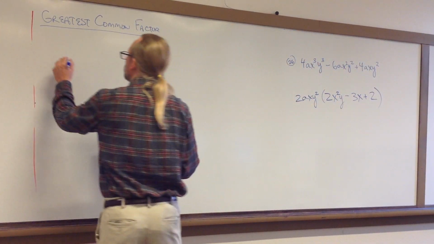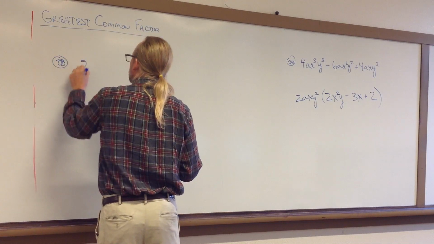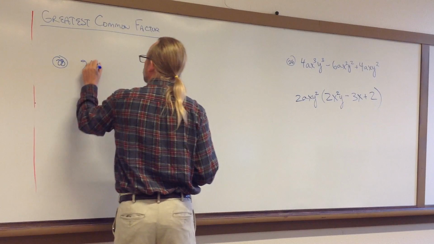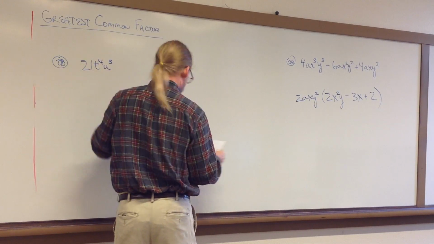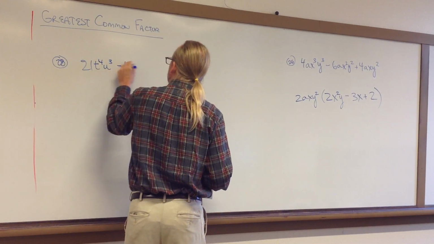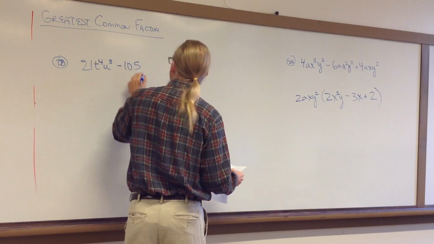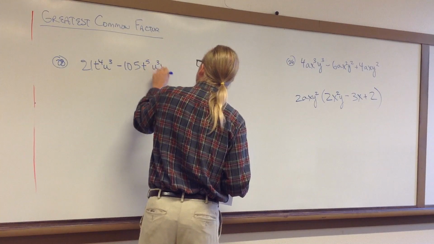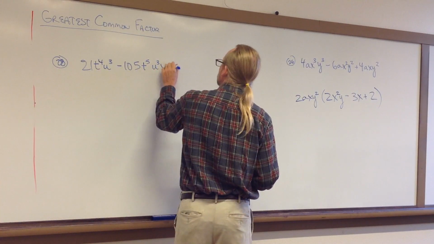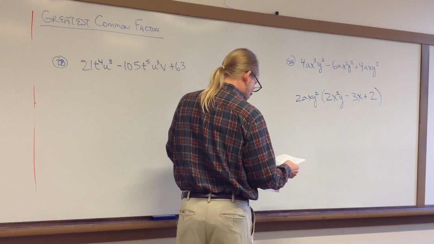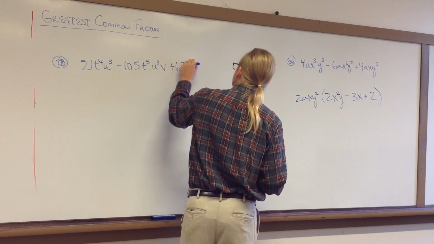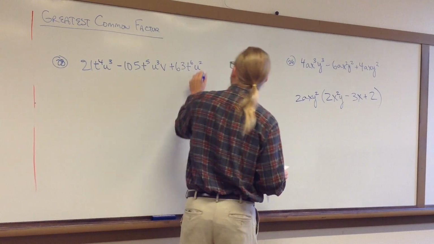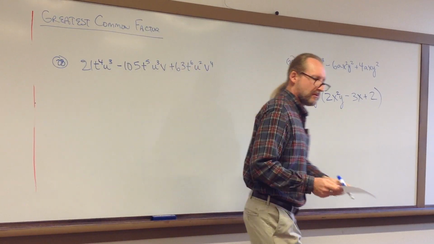Okay, so in 28, we start with 21t to the 4th u to the 3rd minus 105t to the 5th u to the 3rd v plus 63t to the 6th u squared v to the fourth.